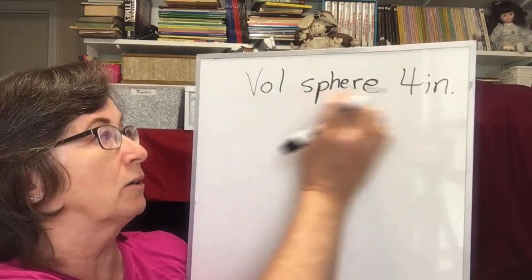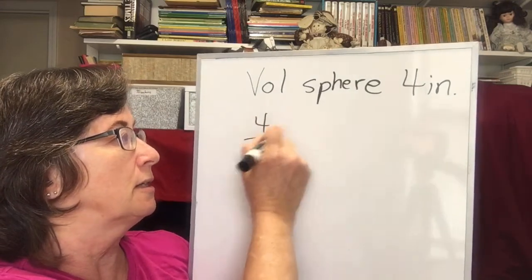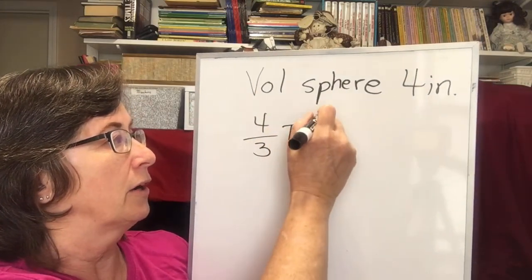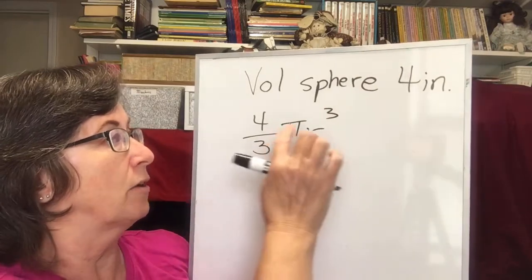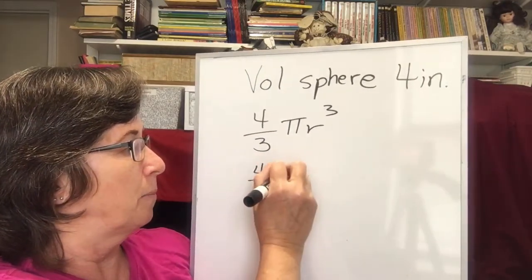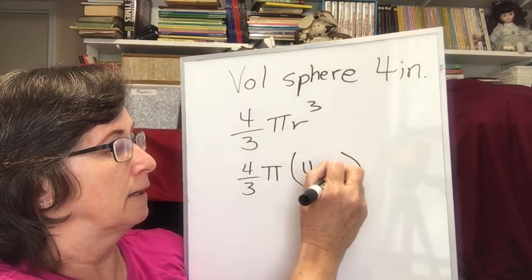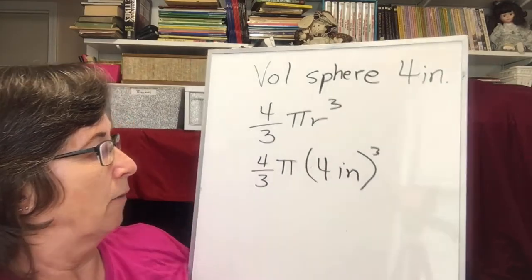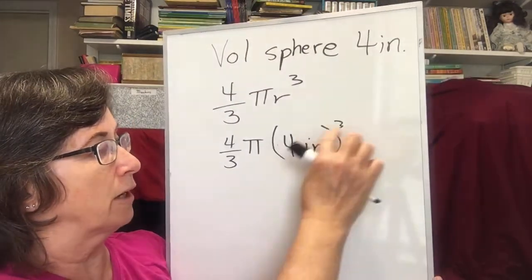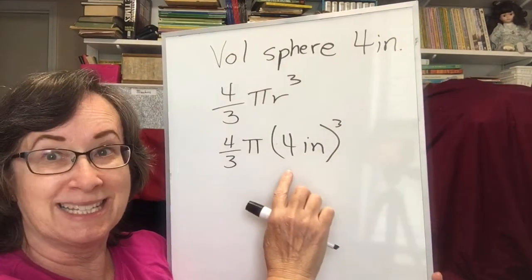And so we're going to say volume is 4/3 pi r cubed. And so the r is 4 inches. So 4/3 pi 4 inches cubed. All right, so we know that 4 cubed is 4 times 4 times 4, which is 64.